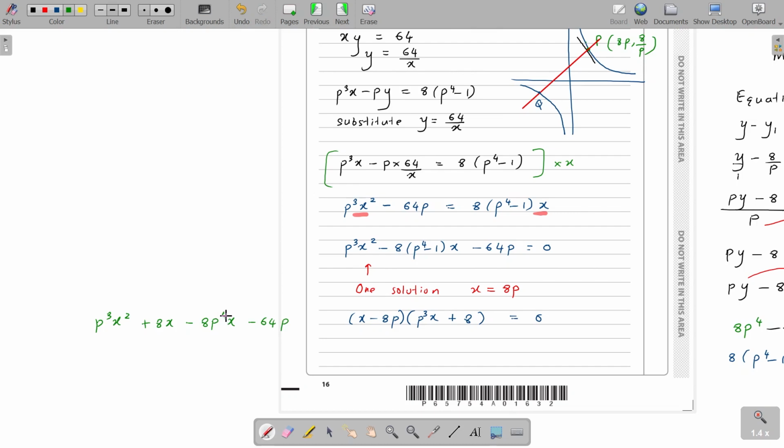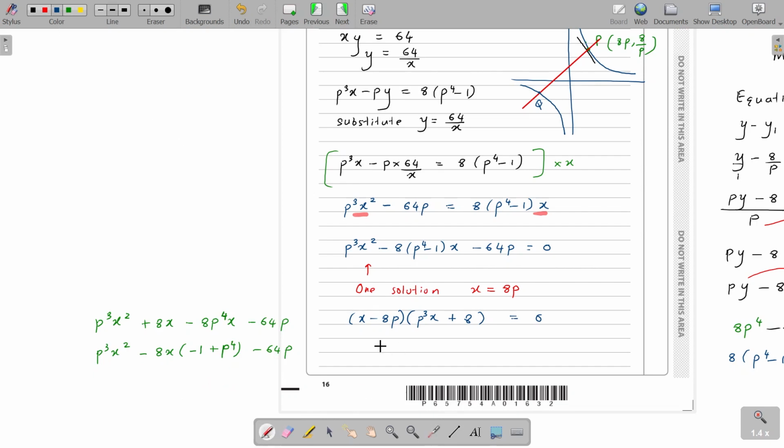So I get here p cube x square. You don't need to do this working. This is just us double checking our work. In the solution they've taken minus 8 and x out. So we'll take minus 8x out. This becomes minus 1. This becomes plus p to the power 4. Can you see I'm getting this perfectly? So then these two factors are correct.